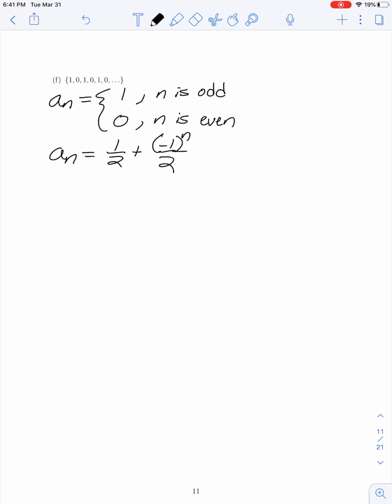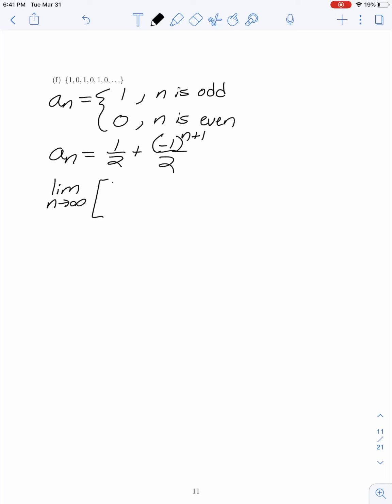So we're taking 1/2 plus or minus 1/2. And let's see, in this case, we want our power of negative 1 to be n plus 1, so that if n is an odd number, we would have negative 1 to an even power, which would give us 1/2 plus 1/2, or 1 for all the odd terms.